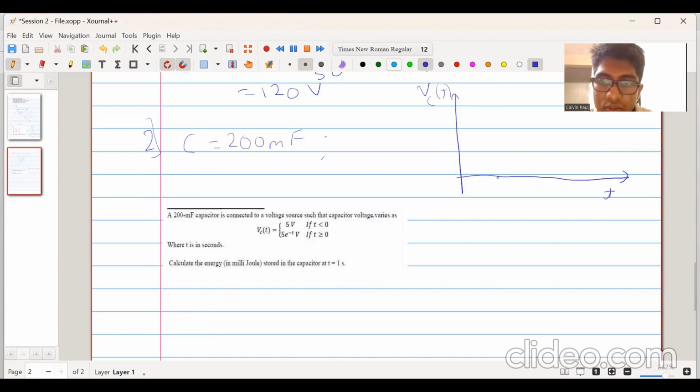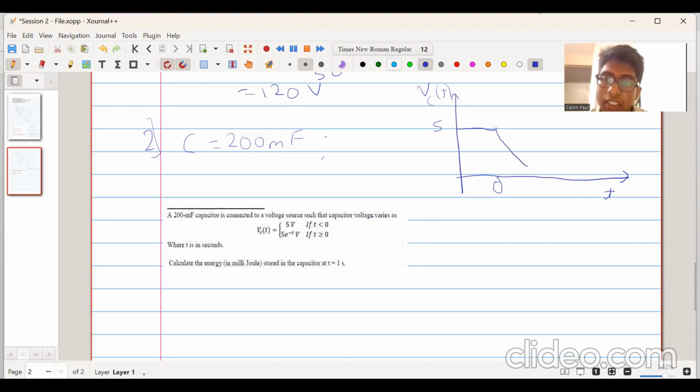Let us consider this to be the time equal to 0 instant. Till time 0, the voltage across the capacitor is 5, and it remains at 5. At time t equal to 0, some sort of switching has occurred in the circuit, and the voltage across the capacitor becomes 5 into e to the power minus t. That means it is decaying exponentially, so it will start decaying like this.